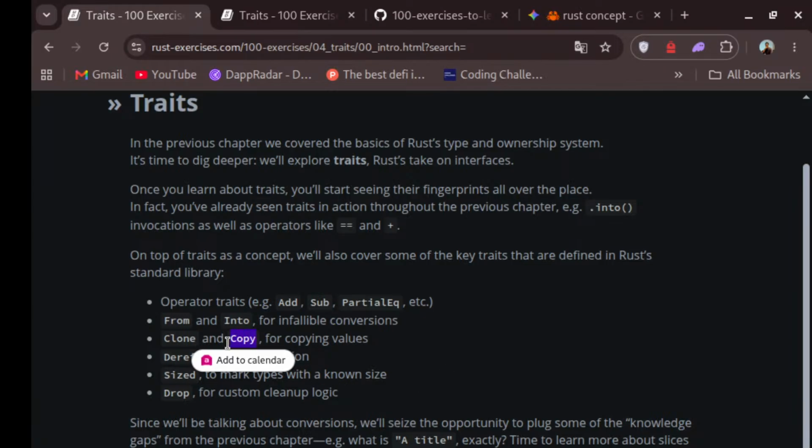If Copy means copying some values or making an extra same one, why do they give Clone? It is a question that just came to my mind. We will see why they give two things, why not one.